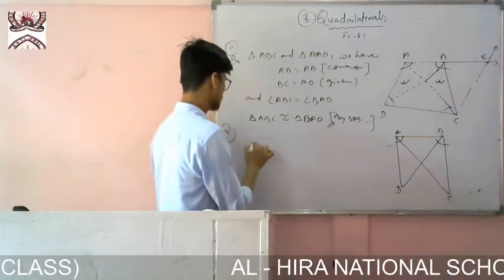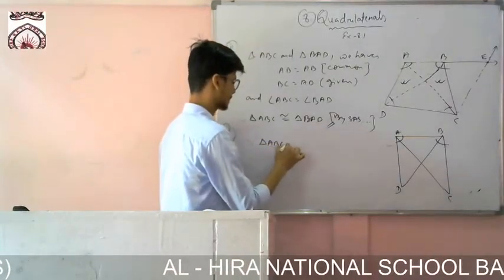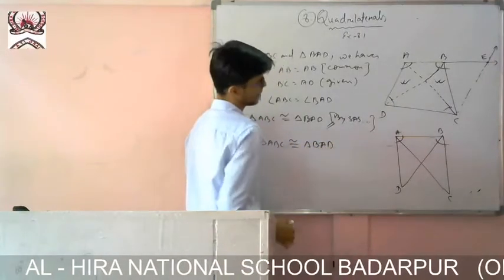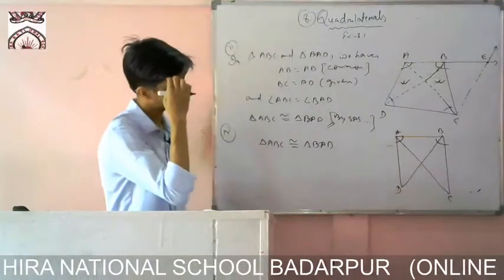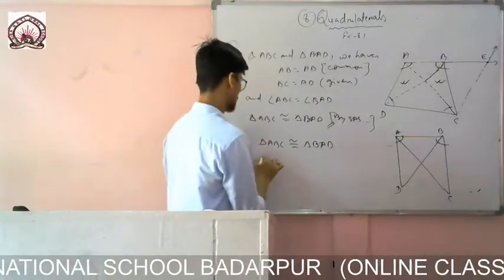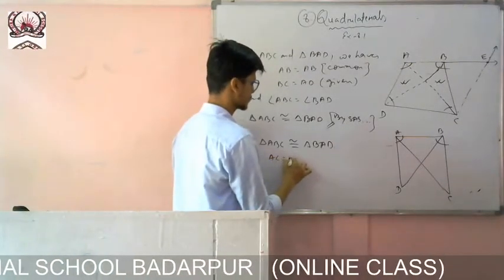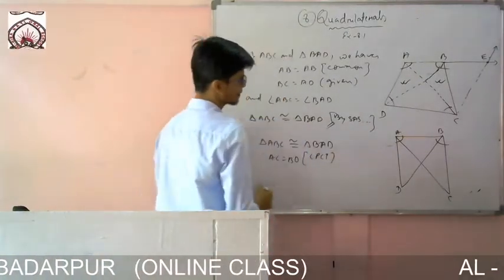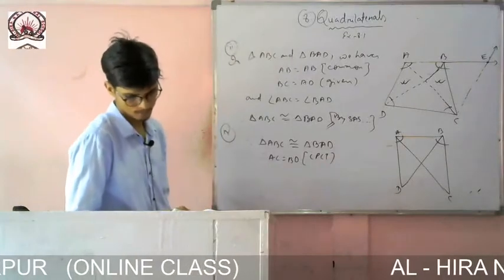Since these two triangles are congruent, their corresponding parts will also be equal. Therefore AC will be equal to BD, by CPCT.